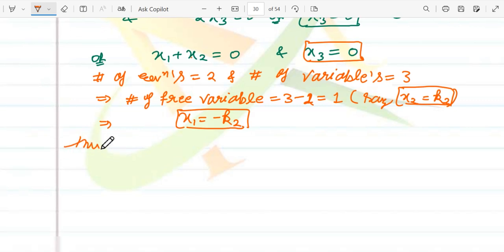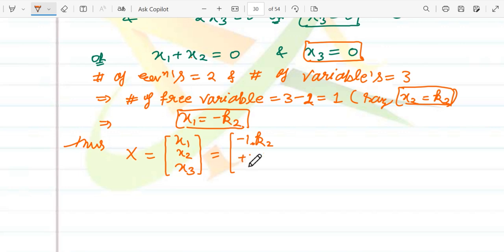Thus x, that is x1 x2 x3, is equal to negative k2, positive 1 into k2, and 0 into k2.